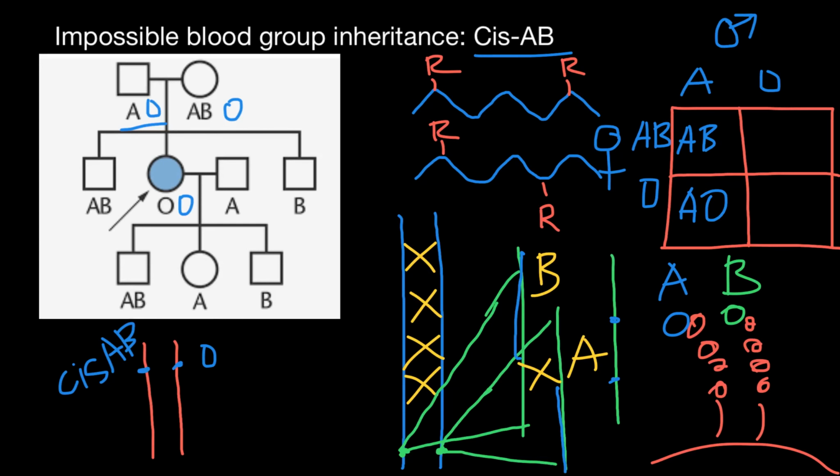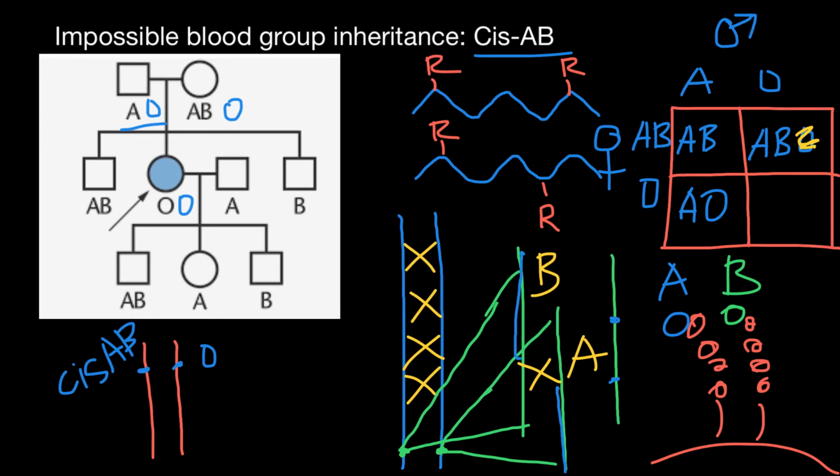So this is going to be blood group A, and AB from the mother side and O allele from the father side. So what would be the phenotype? Phenotype would be AB. So this is going to be blood group AB.